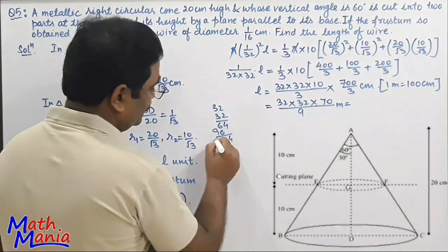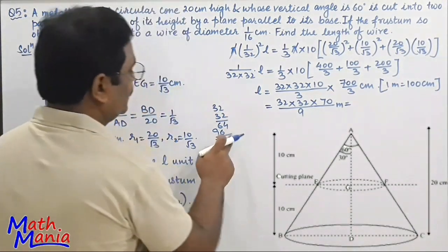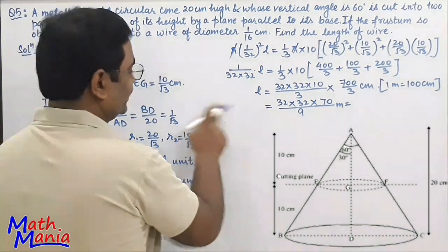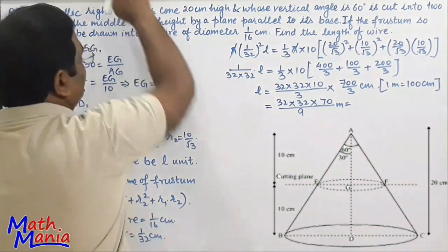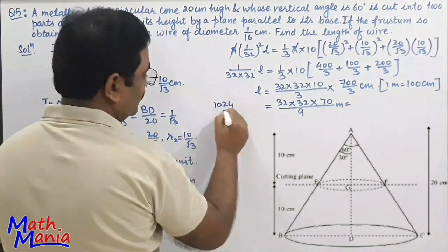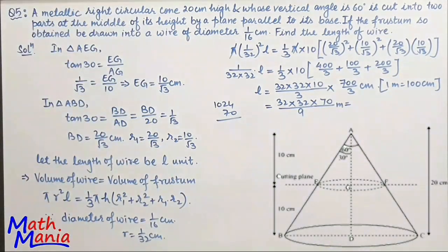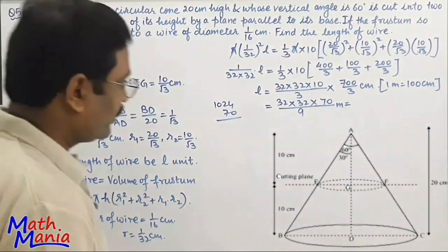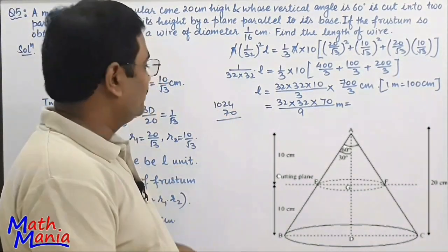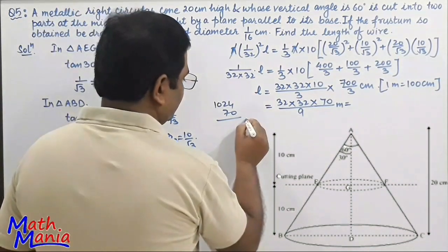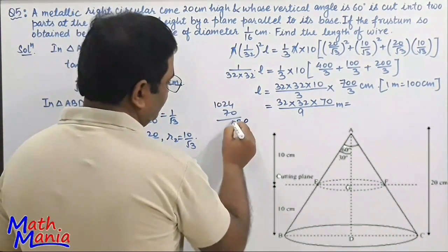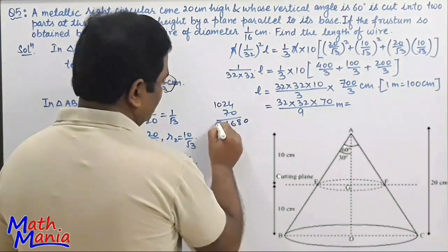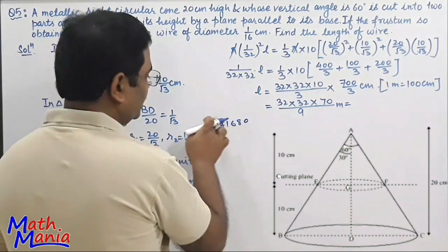So we get 1024. 1024 multiplied by 70: 7 4s are 28, 7 2s are 14 plus 2 is 16, 7 1s are 7. Now this number is going to be divided by 9.